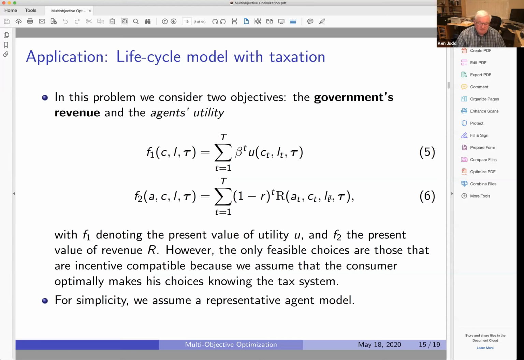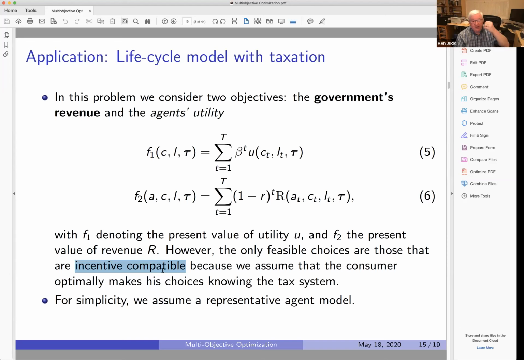Now, we're all familiar with this. Government wants to maximize utility subject to a revenue constraint. However, the way that we conventionally model this in economics is to add incentive compatibility conditions to this.